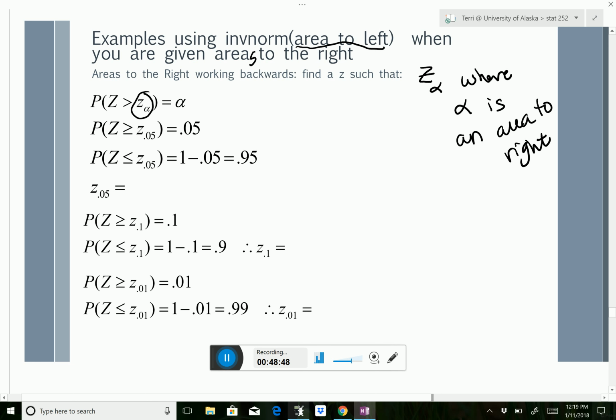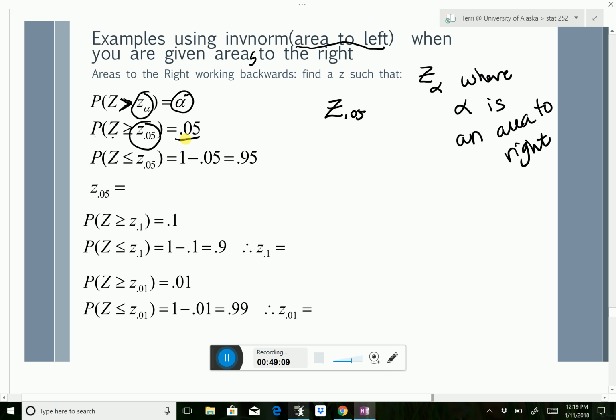And in order to find z sub alpha, I need the probability that z is greater than z sub alpha equals alpha. So if I just want to find z of 0.05, let's say, then I want the probability that z is greater than z of 0.05 is 0.05.